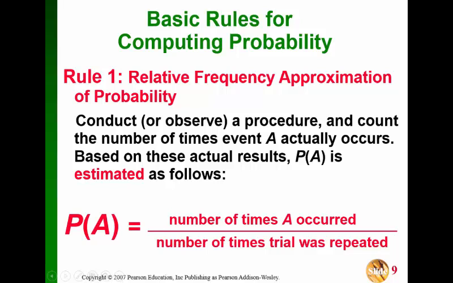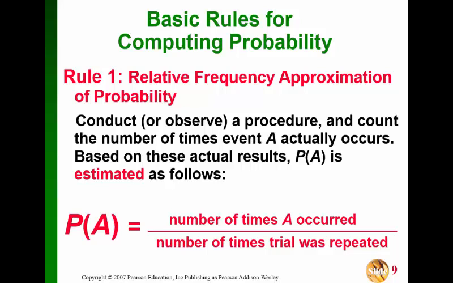So we could do this like we could toss a coin. Let's say we toss a coin 1,000 times, and let's say about 530 times we got heads. So we can say the probability of getting a heads would be 530 out of 1,000.